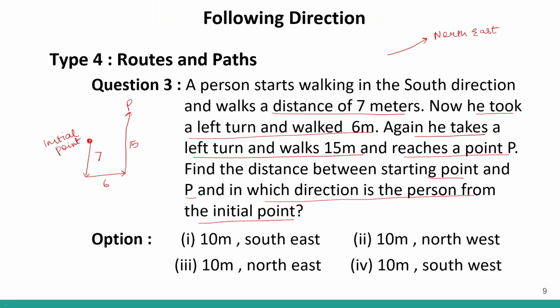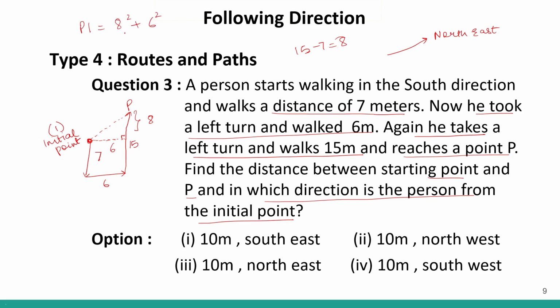Now let us check for the distance. We will use the Pythagoras theorem. So let me draw a right angle triangle. If this is 7 and this is 15, this distance will be equal to 8. So this will be 8, and this we already know is 6. So according to the Pythagoras theorem, let's say the initial point is I. The distance IP squared will be 8 squared plus 6 squared.